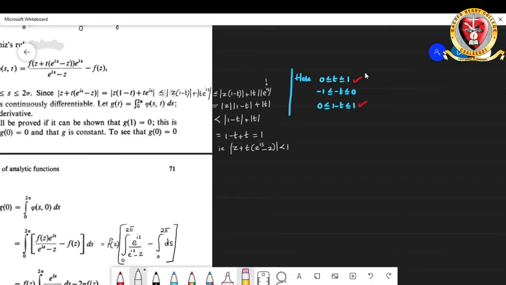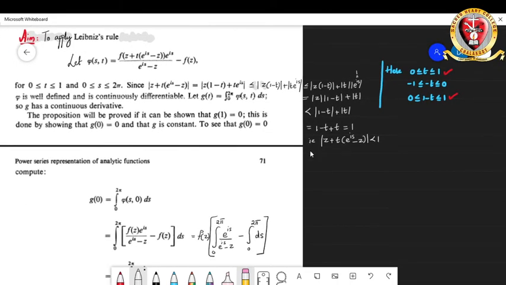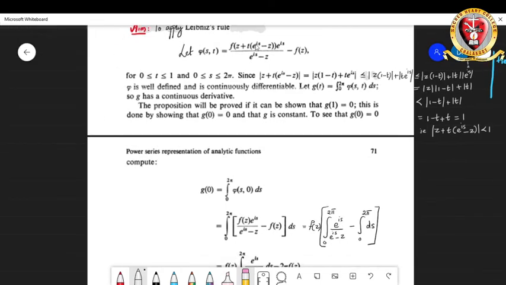Also, t is inside 0 and 1, so this modulus sign can be taken out. So you get 1 − t + t, which is equal to 1. So what you get is that the modulus of z plus t times (e^{is} − z) is strictly less than 1. That means the point inside this function is lying inside the open disk with center 0 and radius 1. So that means the whole function φ is well defined.